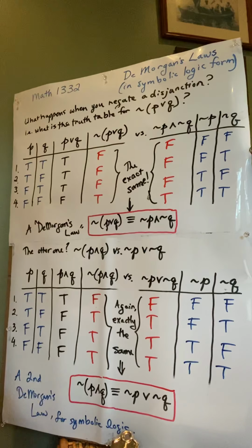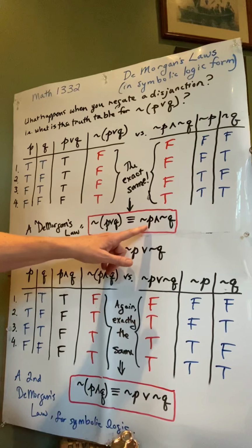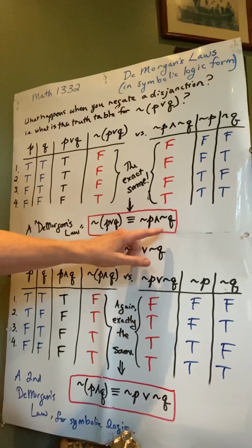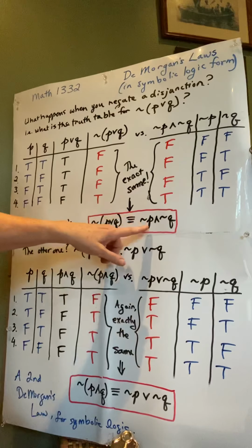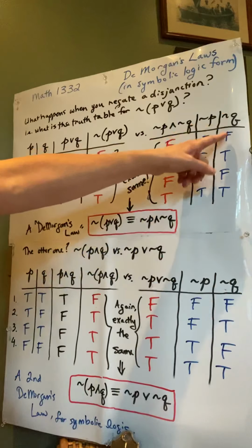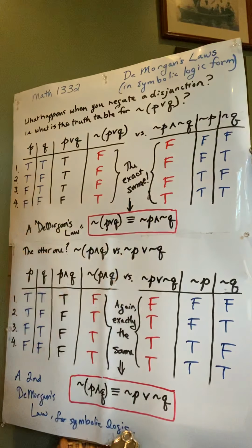Versus, let's see what happens if we look at the expression on the other side. That's not P and not Q. So in these four cases, we need a not P, I have that over here. We need a not Q, that's over there, and their conjunction.